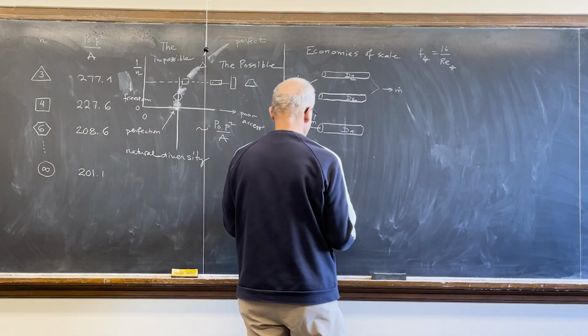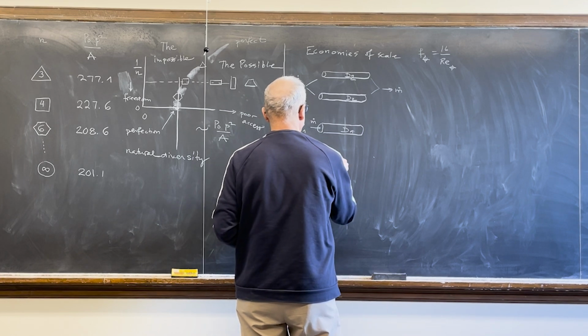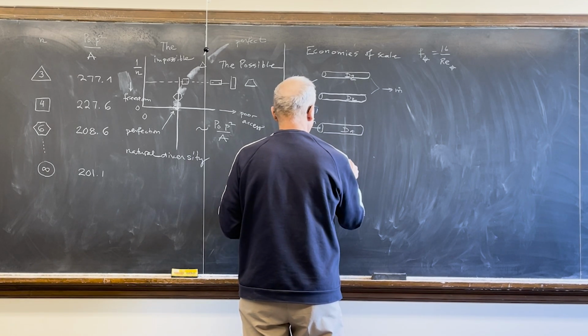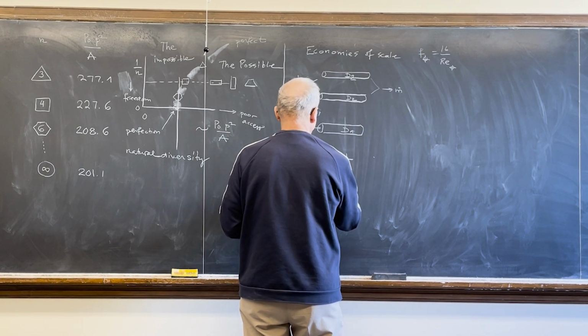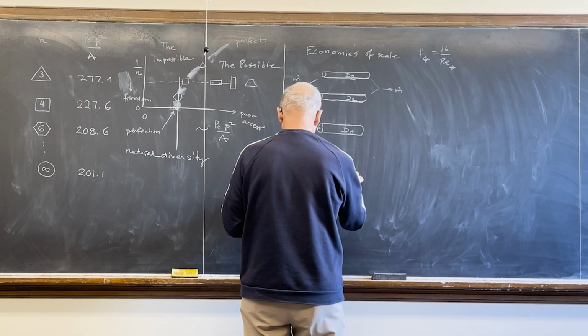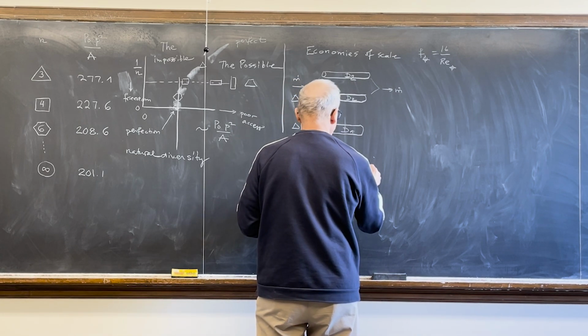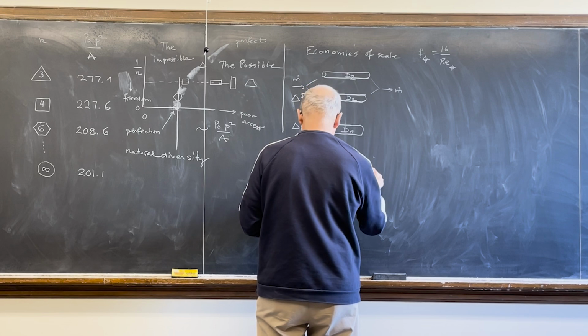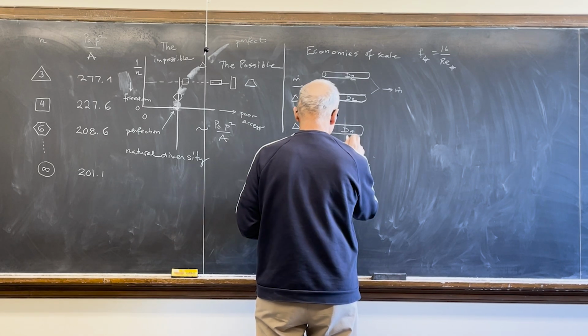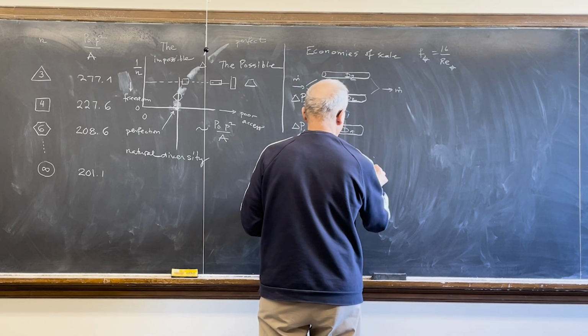When you make that substitution, you get that delta P1 is 128 nu L over pi, and then m dot over D1 to power 4.